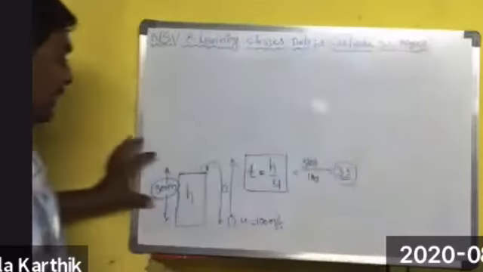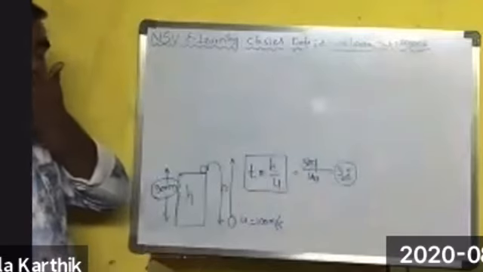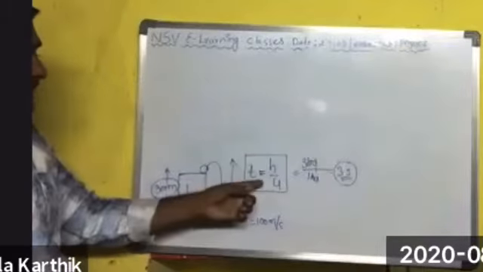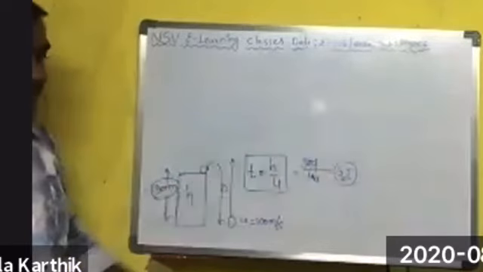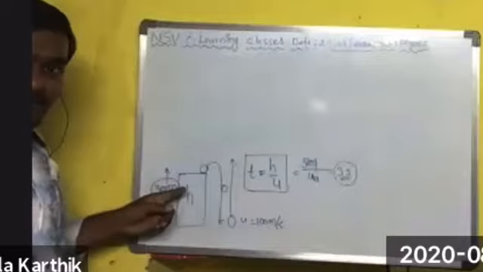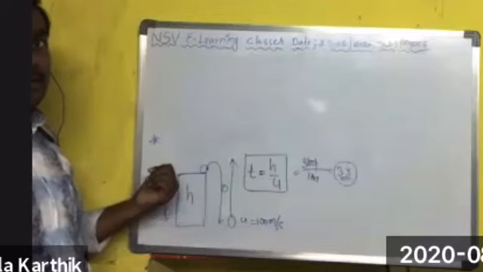That is the concept. T is equal to h by u, and another formula is also given. Is it clear first of all?